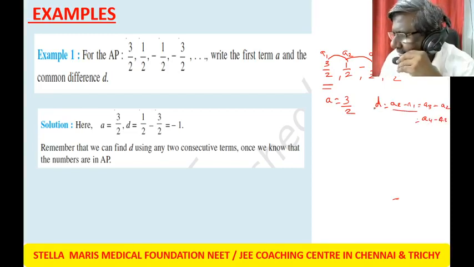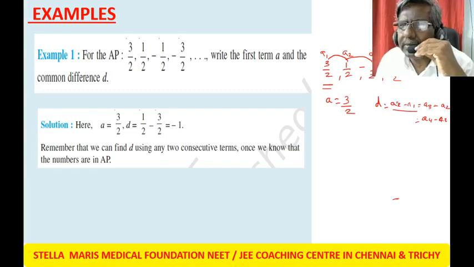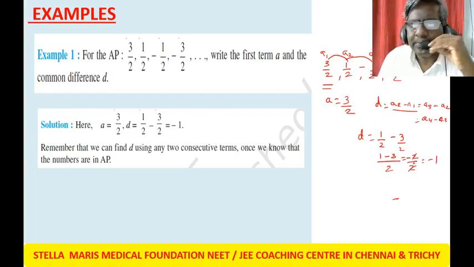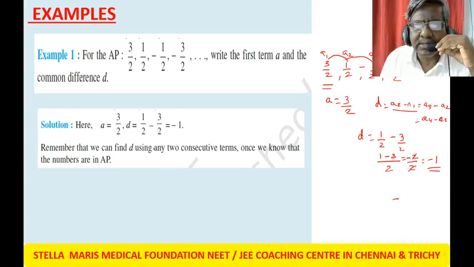It's enough if you find A2 minus A1. A2 is 1 by 2, so D is 1 by 2 minus 3 by 2. The LCM is 2, so 1 minus 3 is minus 2 by 2, which is minus 1. So the common difference is minus 1, and the first term is 3 by 2. Clear?